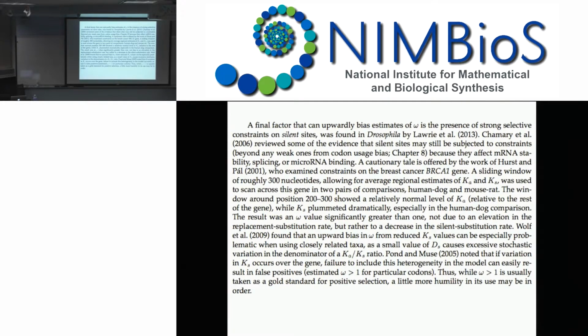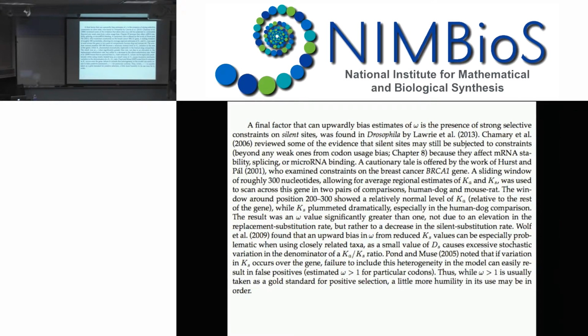So we think of Ks as being kind of a neutral standard, roughly the same across a gene, and so when the Ka to Ks ratio gets elevated, it's clearly because Ka gets elevated. But it could also be that Ka is relatively flat and Ks takes a nosedive in one region, in which case you get an elevated Ka to Ks ratio.